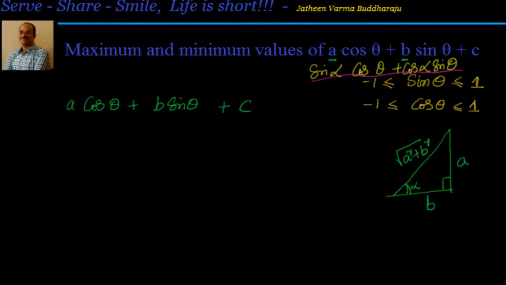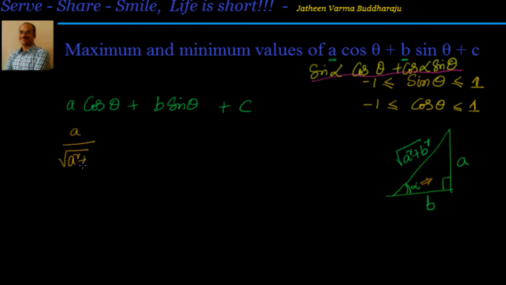Now we know from here sin alpha equals a by square root of a square plus b square.